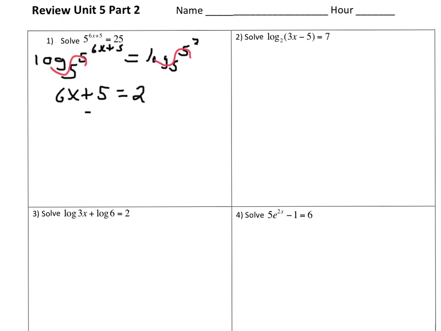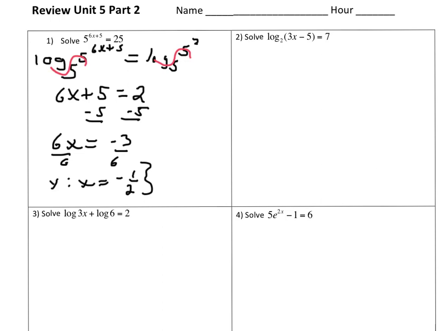Now I'm going to subtract 5 from both sides. Then I get 6x is equal to negative 3, divide by 6, and I get x is equal to negative 1/2, which I put in set builder notation. I'm going to let you plug that back in to make sure it works, so always check your answers, and there's the answer.